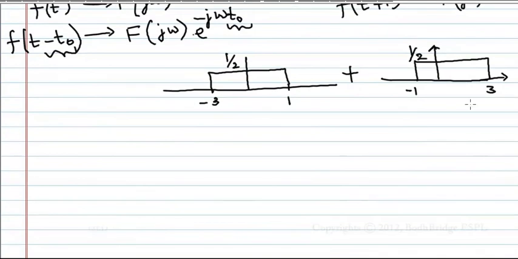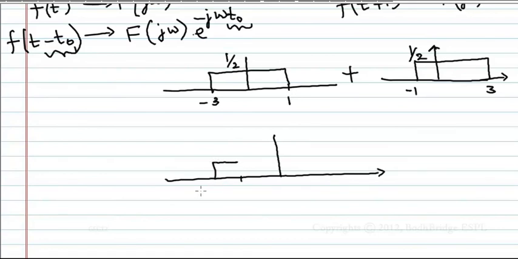Now add these both. How do you add? Minus 3 to minus 1, it is 1 by 2. And from minus 1 to 0, what happens? This one and this one gets added. Therefore, it becomes 1, and this is 1 by 2.